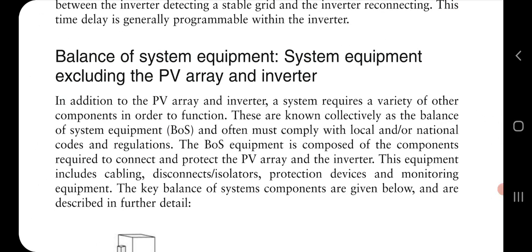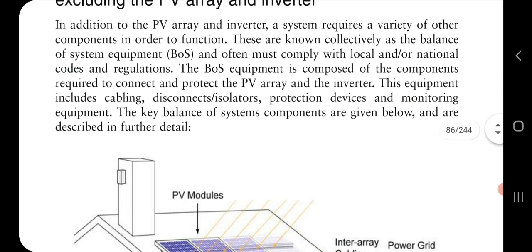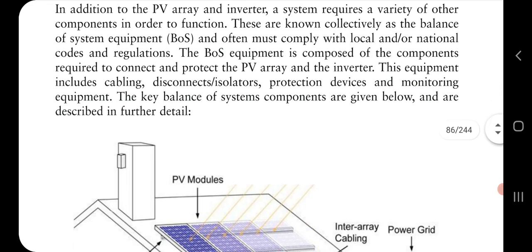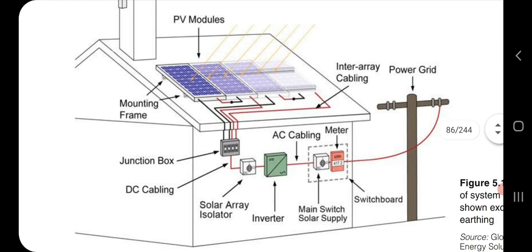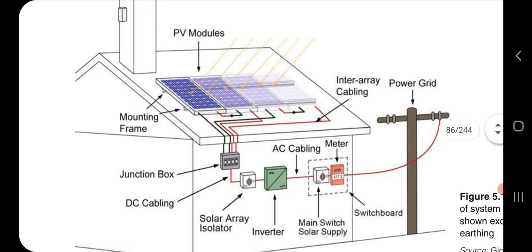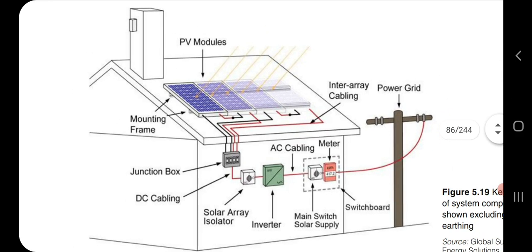This is the balance of system equipment, excluding the PV panel array. Now you can see the number of equipment items which come here: cabling, connectors, isolator, protection devices, monitoring equipment. All are required. You can see this PV model here.